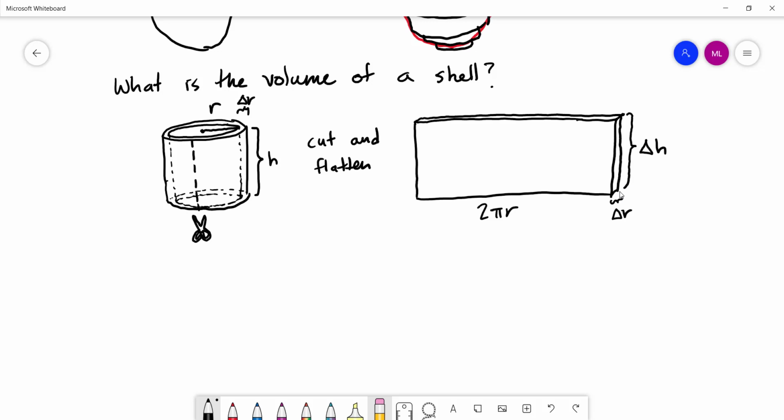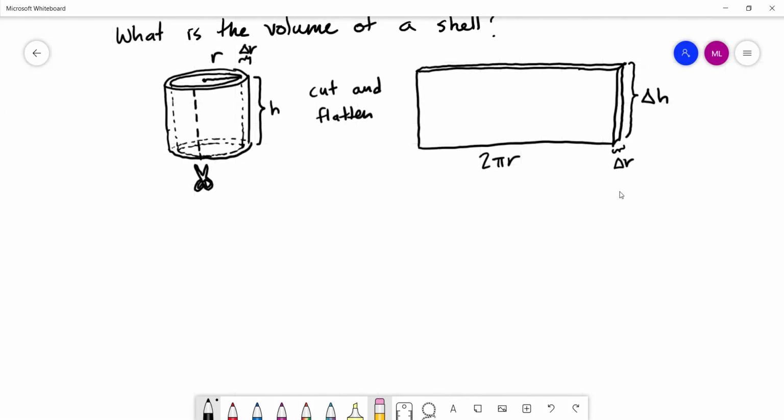And so what is the volume of this flattened sheet? Hopefully it's clear. The volume is going to be that V is approximately, notice I'm kind of fudging it a little bit because this R here, I drew it as going to the inner radius of our shell, but I could have drawn it going to the outer radius or somewhere in between.